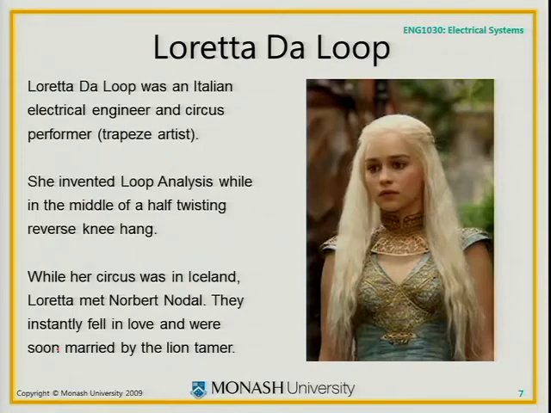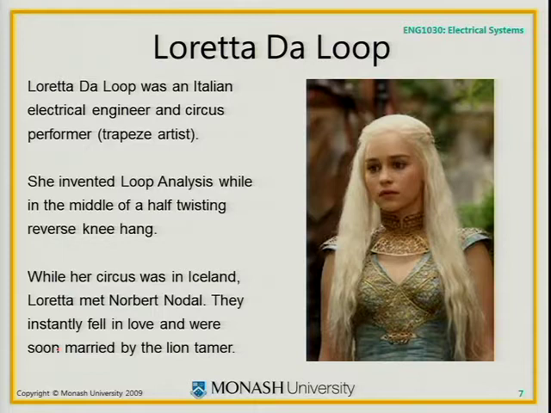All right. So history is important. Loop analysis was invented by Loretta de Loop. She was an Italian electrical engineer and circus performer. In fact, she was a trapeze artist. This is examinable. Please be quiet. She invented loop analysis while in the middle of a half-twisting reverse knee hang.